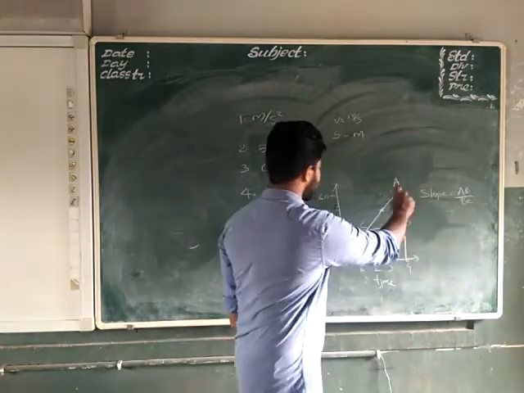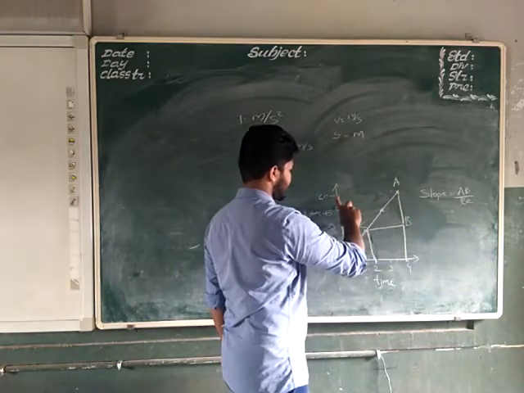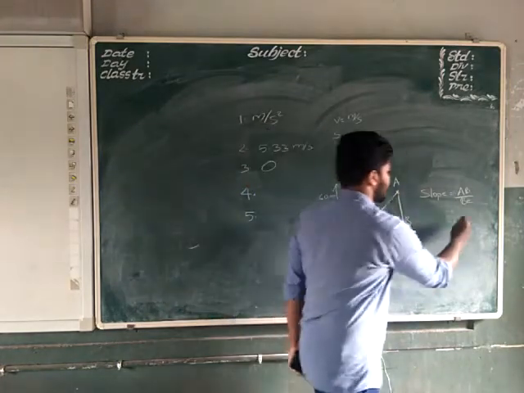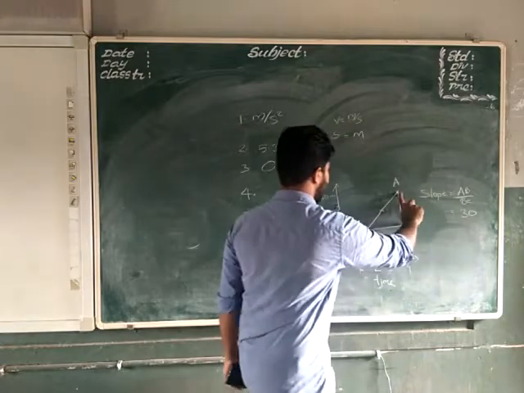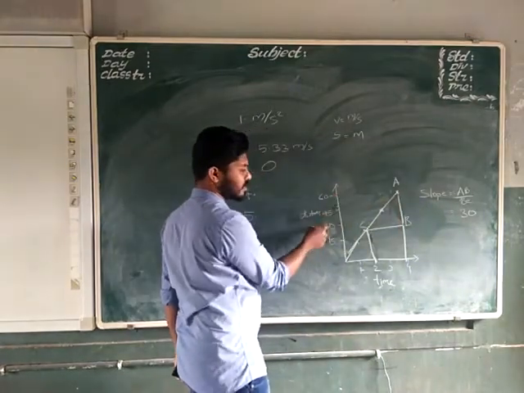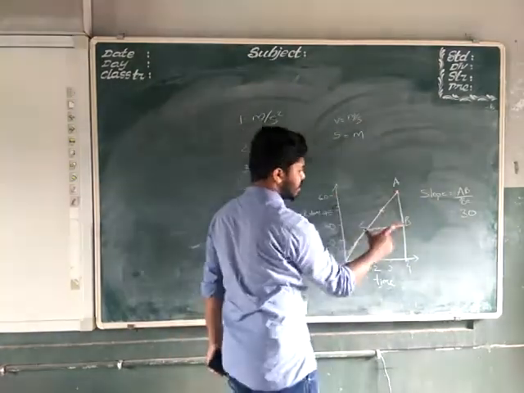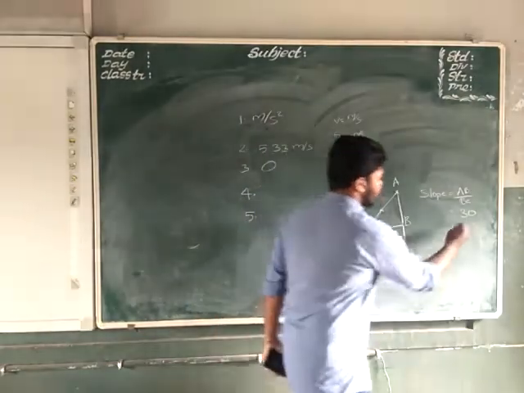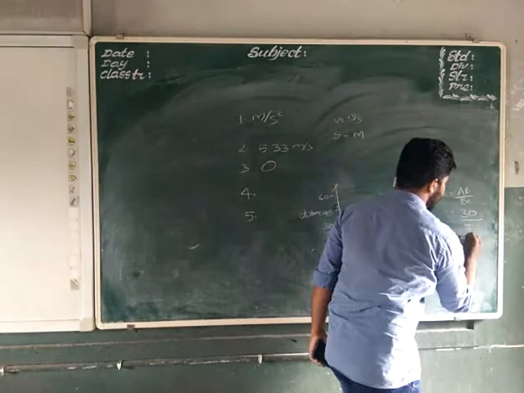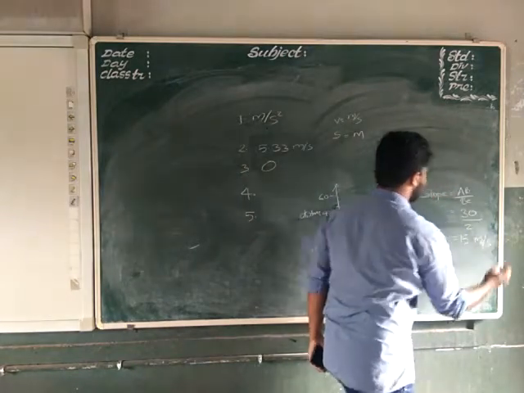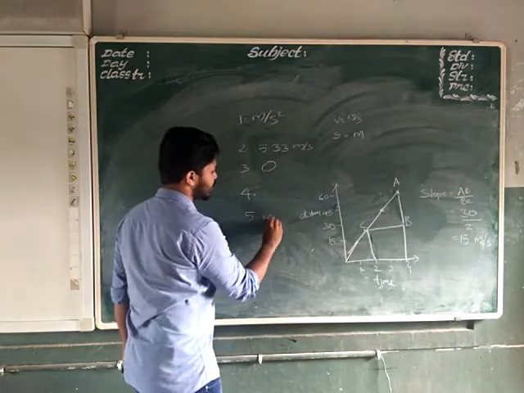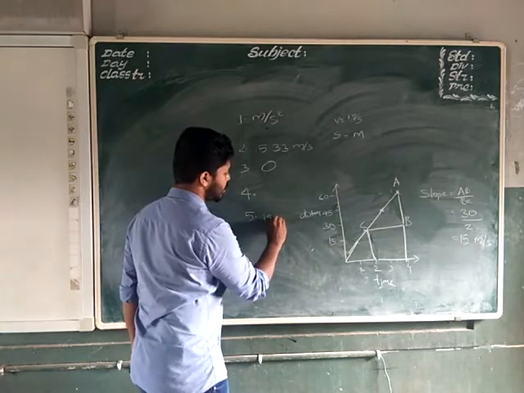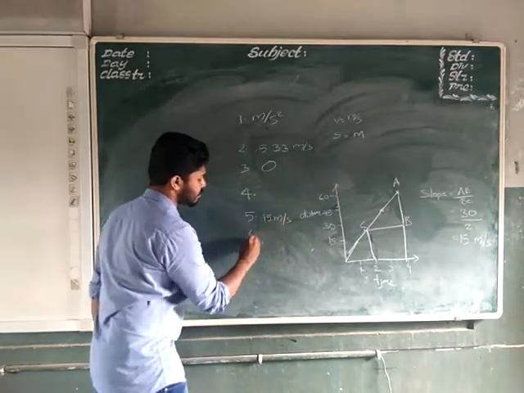Now AB is equal to this one, that is 30. How can we get AB? 60 minus 30, that gives us 30. And BC, this one, that is 2. 30 by 2, which is equal to 15 meter per second. So the answer for the fifth one is 15 meter per second.